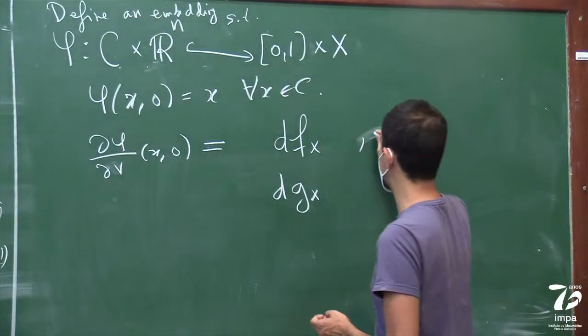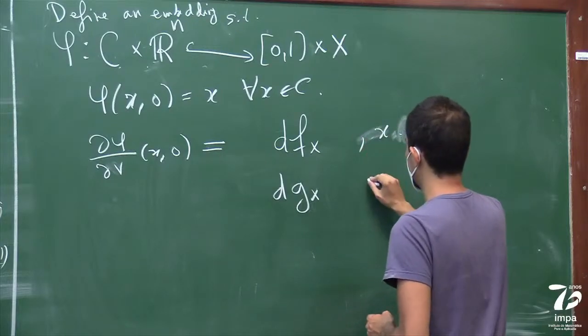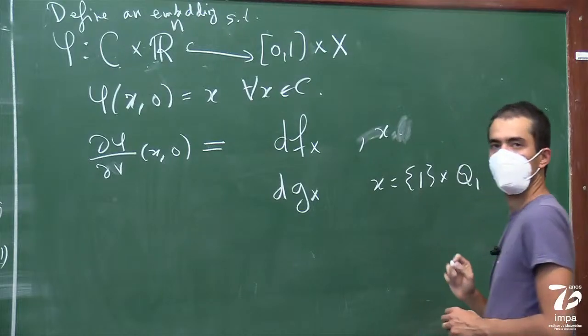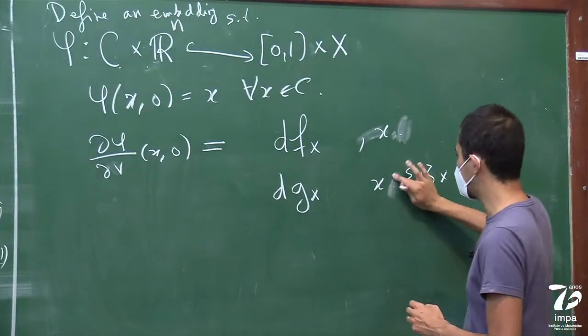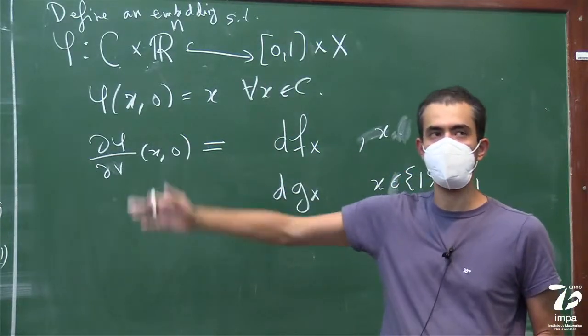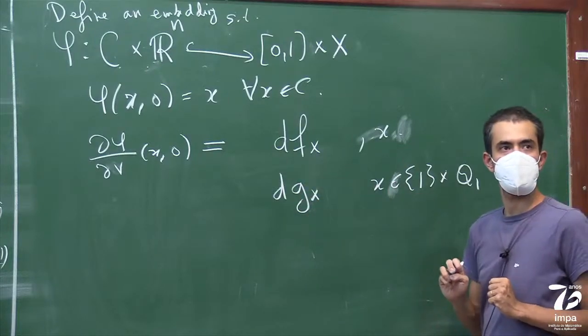So if x belongs to 1 times q1, then I would like it to coincide with the fixed basis on g. So it's my derivative.